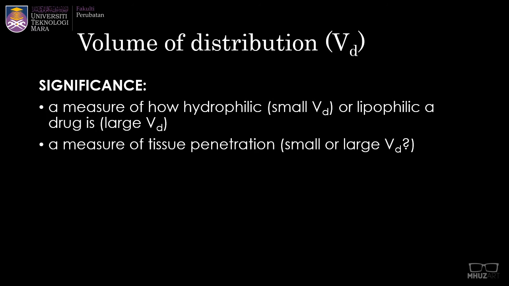More importantly, VD is a measure of tissue penetration. A drug that has a high tissue penetration means that it can go deep into tissues, even those tissues that are not very well vascularized, and would probably have a very large VD.